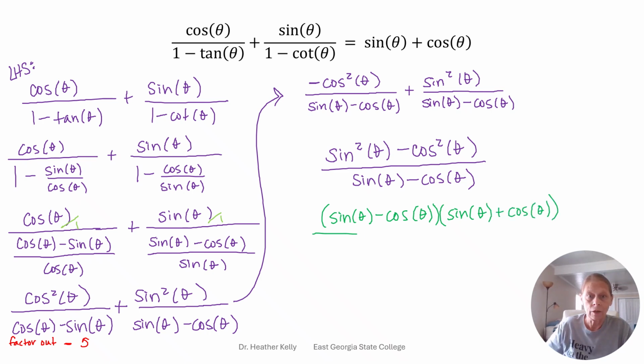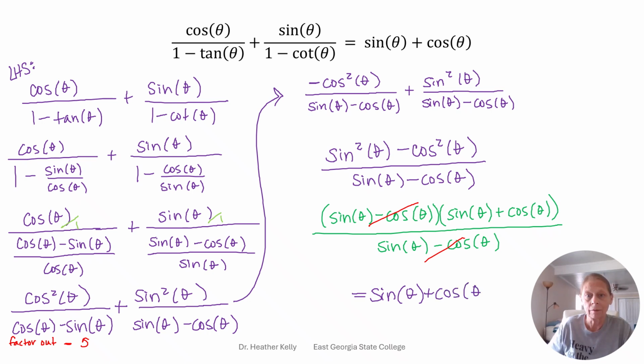So we factor that over our sine theta minus cosine theta, and oh, I love it when things cancel and it all works out. So now it is equal to our sine theta plus cosine theta. Yay! Okay.